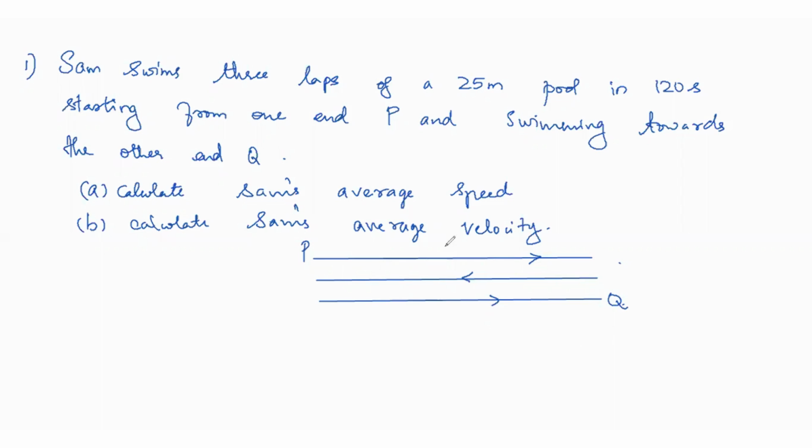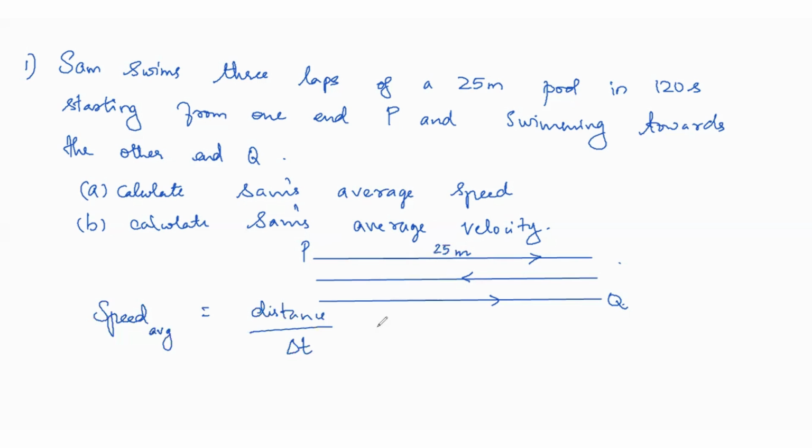So in order to find the average speed, we have the equation: average speed is equal to distance over delta t. Here the length of one path is 25 meters.